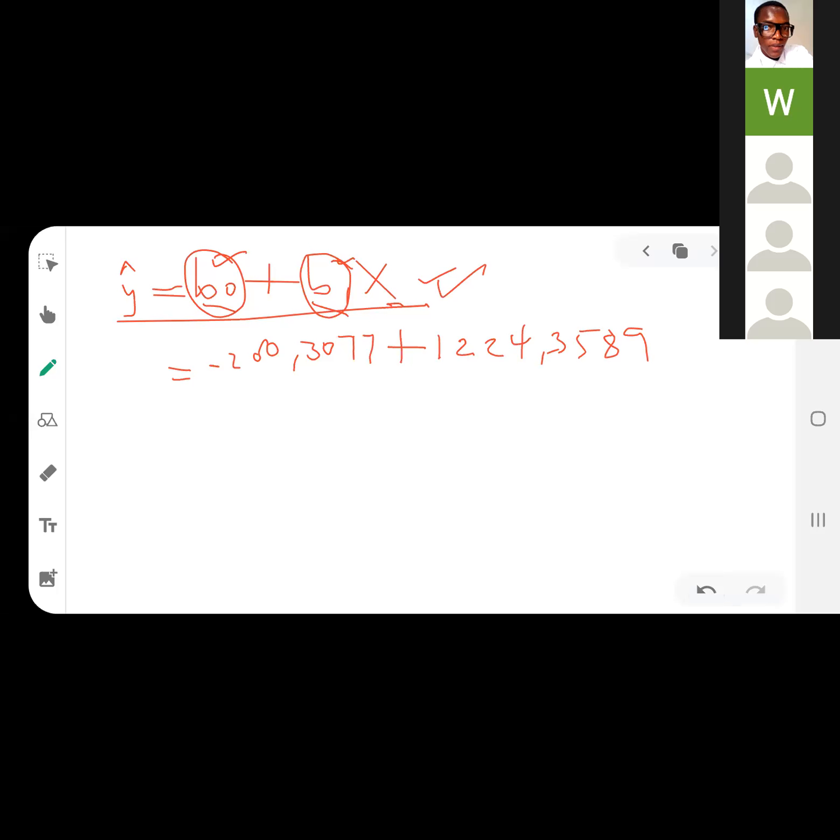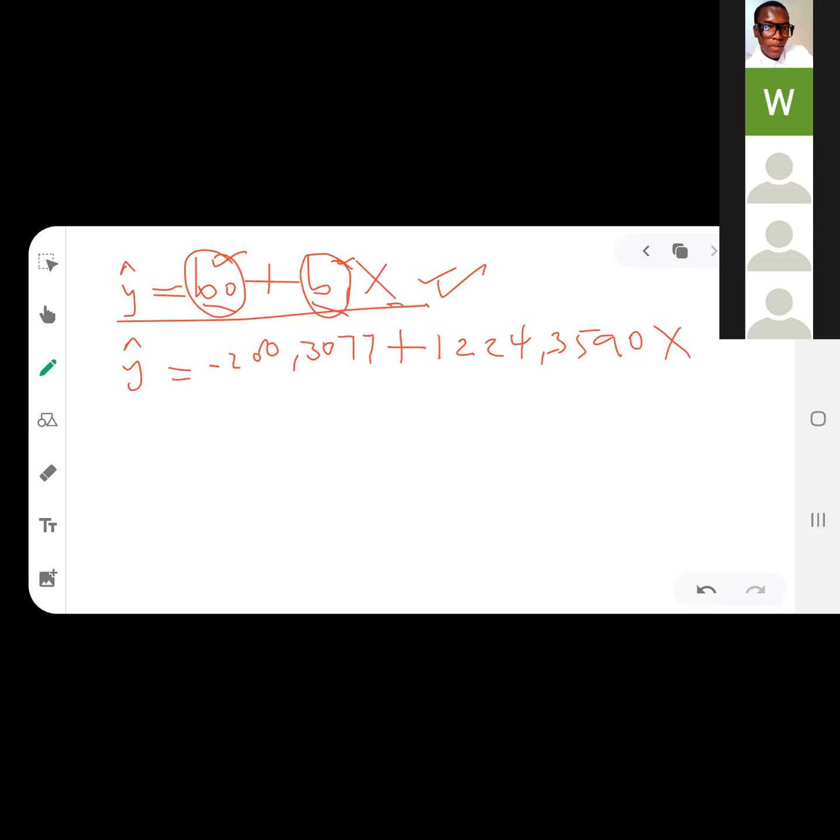Meaning that we have 1,224.3590 when we round it to 4 decimal places, and then X. So this is the equation we expect to get at the end.